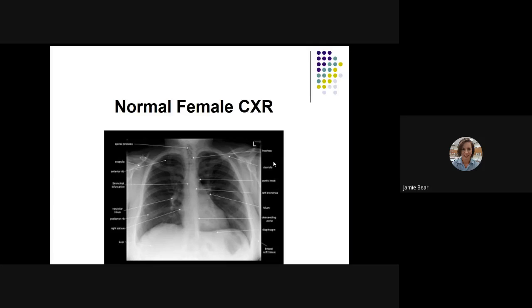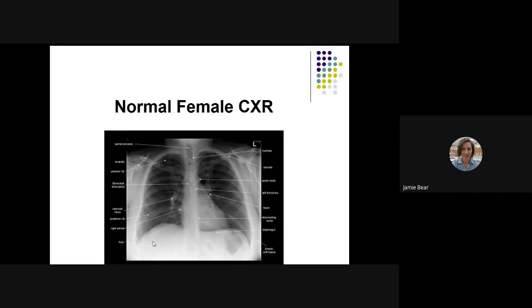Very good question. First of all, I don't know if this is a PA or an AP film, but the heart should not appear greater than 50% of the whole thoracic diameter.